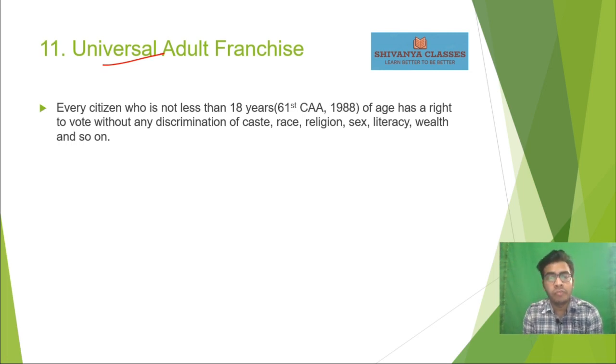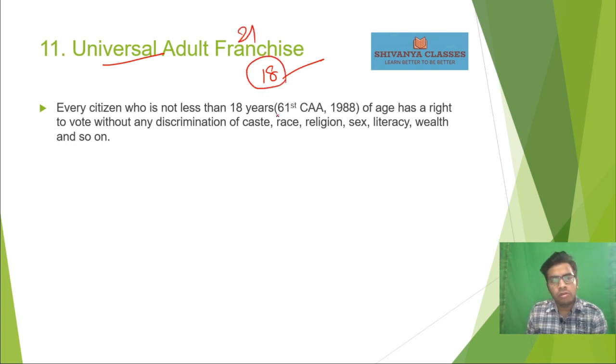But one thing our constitutional framework, or you can say our forefathers, did the best thing is that from day one, they decided that no, we don't have any discrimination. All can vote, provided they have crossed that particular age. Earlier it was 21, now it's 18 according to the 61st Constitutional Amendment Act 1988 under Rajiv Gandhi.